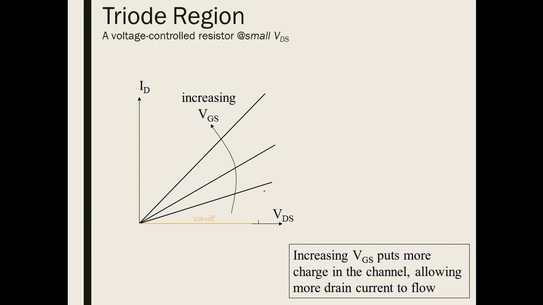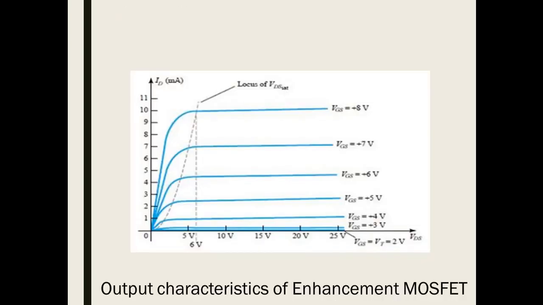If you increase VGS, more and more charge is pushed inside the channel, allowing more drain current to flow. Thus the slope of the curve changes continuously, resulting in something like this, where you have all these curves with different slopes.